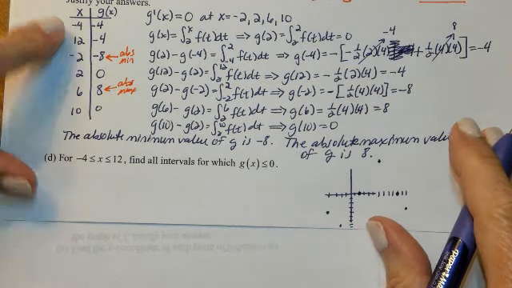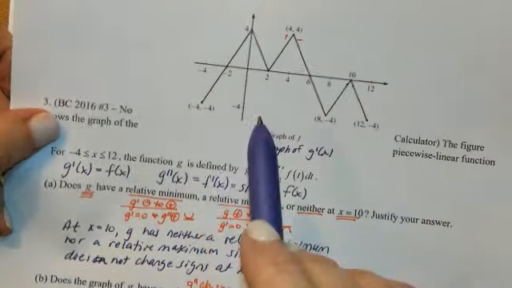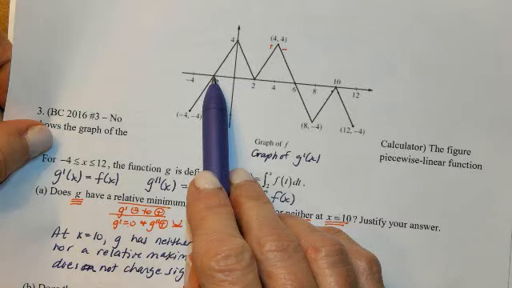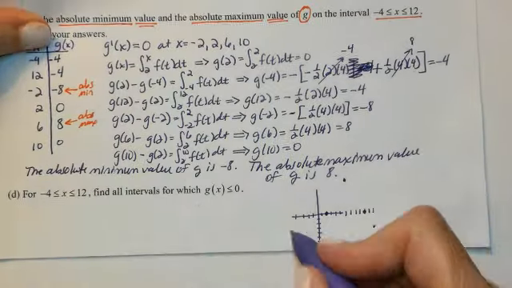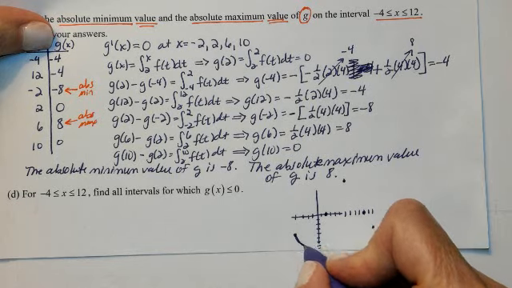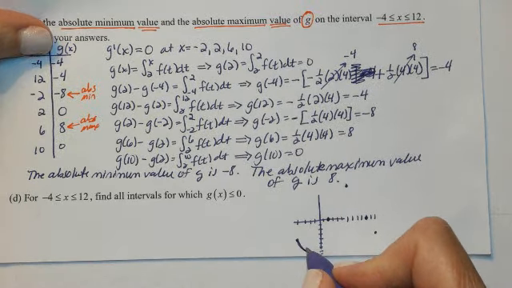Remember that G prime from -4 to -2 is negative. So that confirms this piece of it. We are decreasing from x equals -4 to x equals -2.